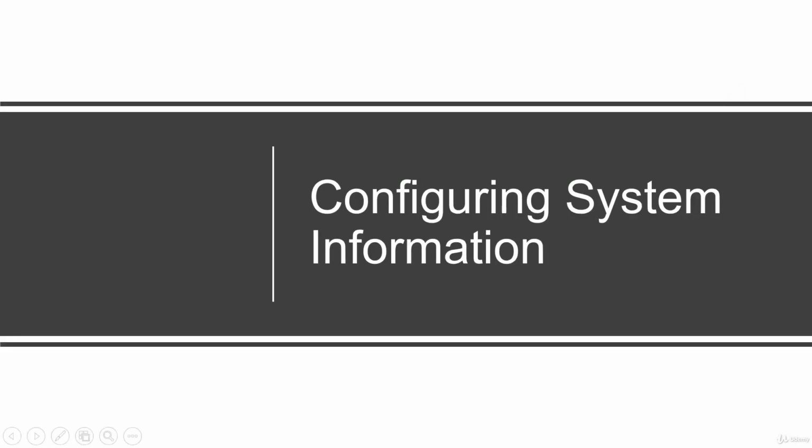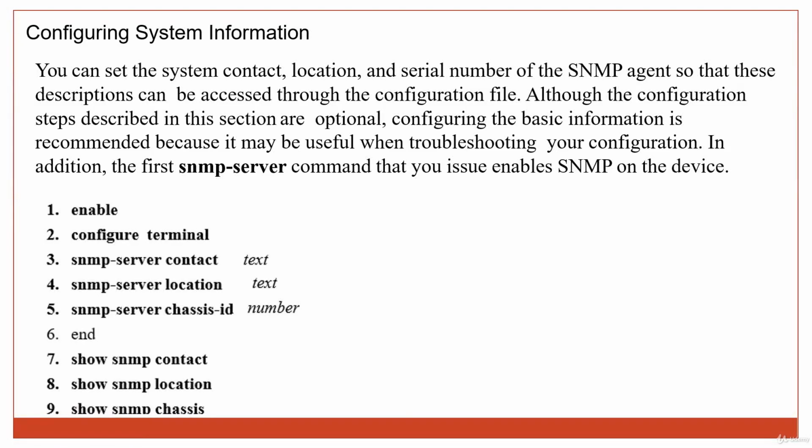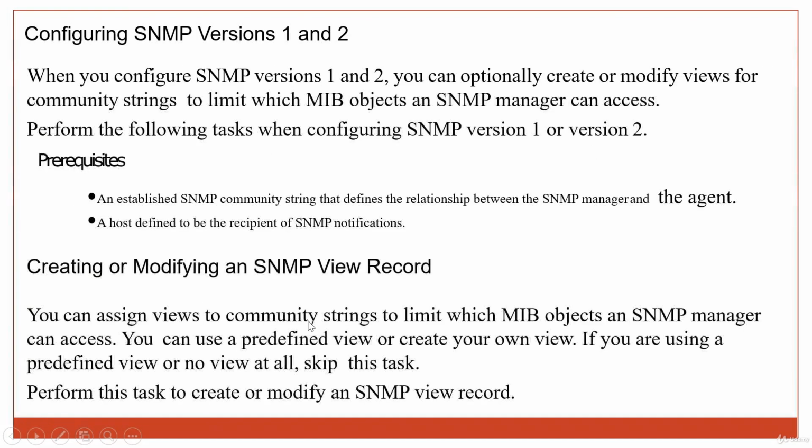Let us understand the configuration, and obviously we are going to do the configuration in the lab. Now, when we are doing the SNMP configuration, we can go and give the SNMP contact, location and chassis ID. Then we can go and verify as well, for example, show snmp contact, location and chassis. Now, when we are configuring version 1 and version 2, we know these are the community-based versions. And what is the prerequisite?